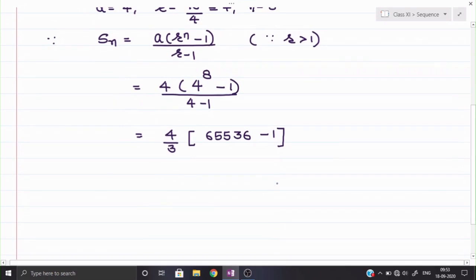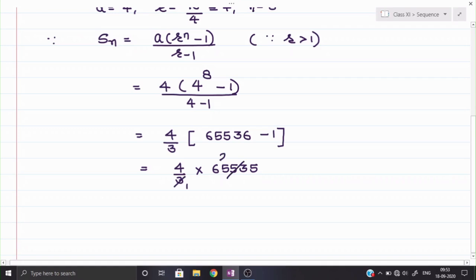But we can still find this value, because in the answer of the book it is also given like that. So 4 upon 3 into 65535. Can we divide by 3? Is it possible? 3 plus 5 is 8, 8 plus 5 is 13, plus 6 is 19. Yes, we can divide it.